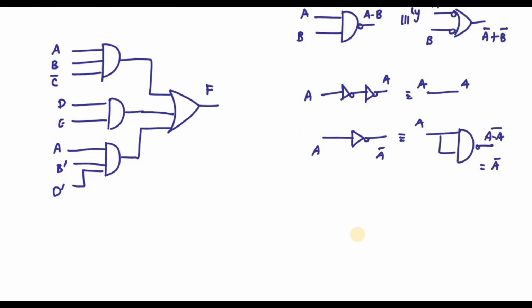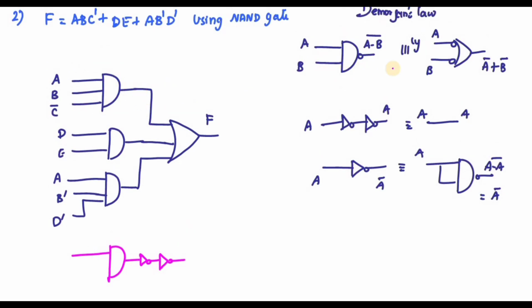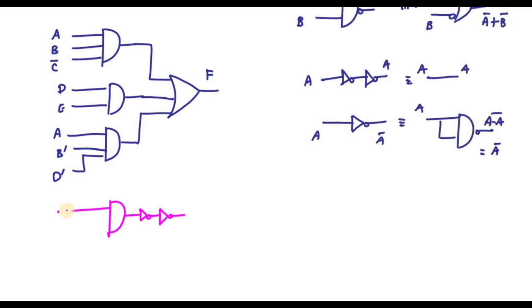Now I'm going to insert two NOT gates at the output side of the AND gate, right here. So this is A, B, C bar.